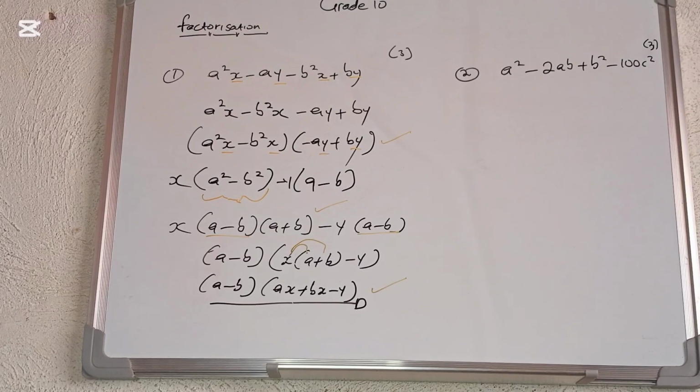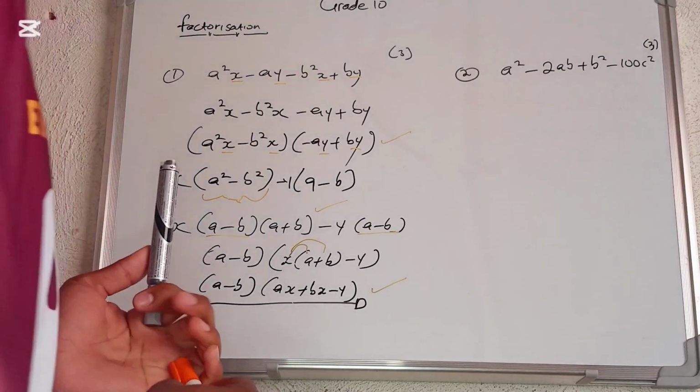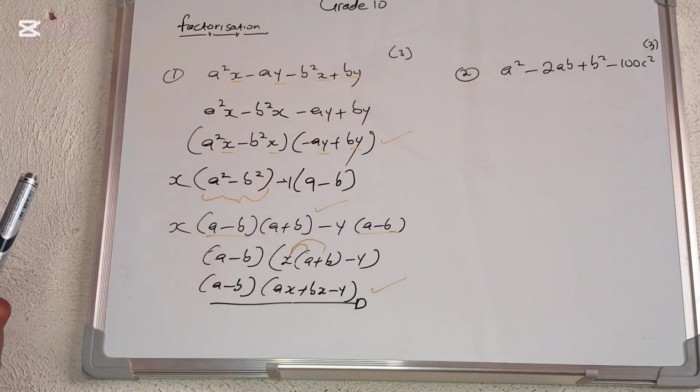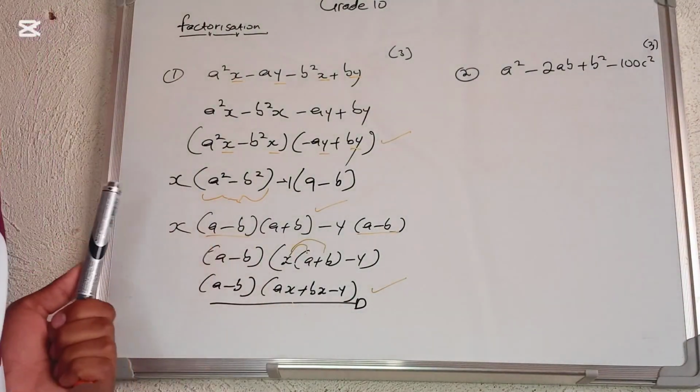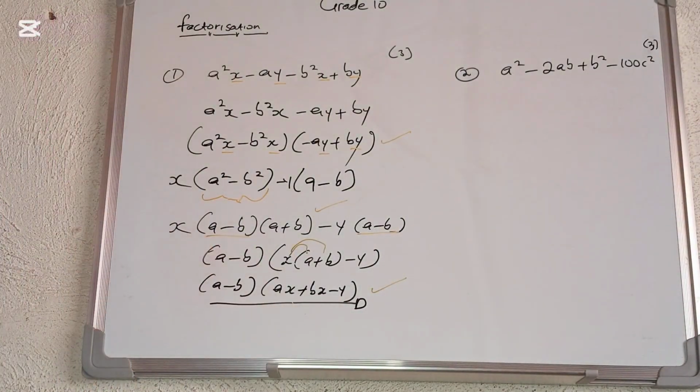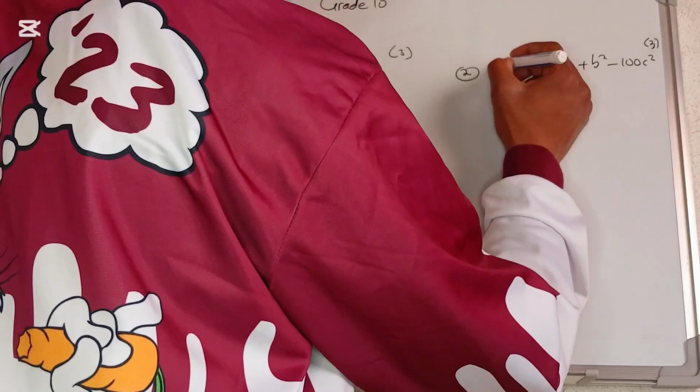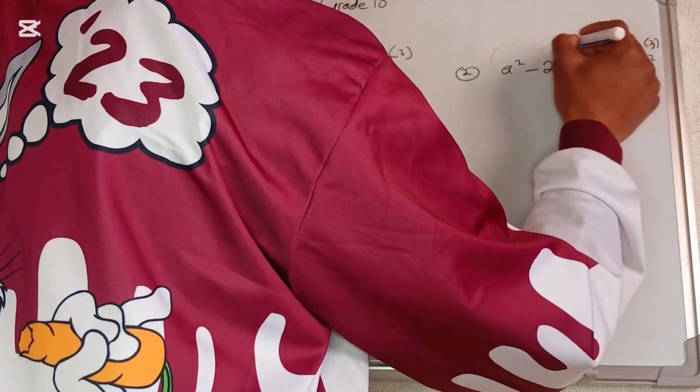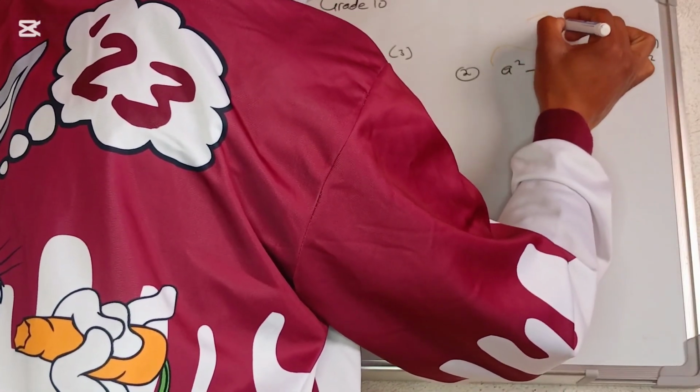Moving to the second one. The second one is also challenging, but simple at the same time. So as we look at this equation, a squared minus 2ab plus 2a plus b squared minus 100c squared, we can see that this thing here, this 3 term, is what?